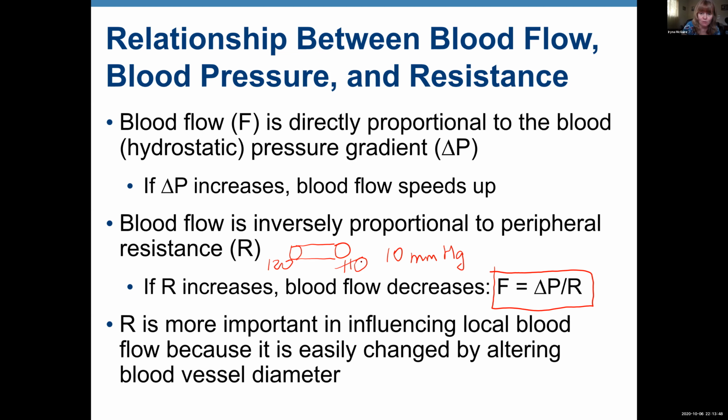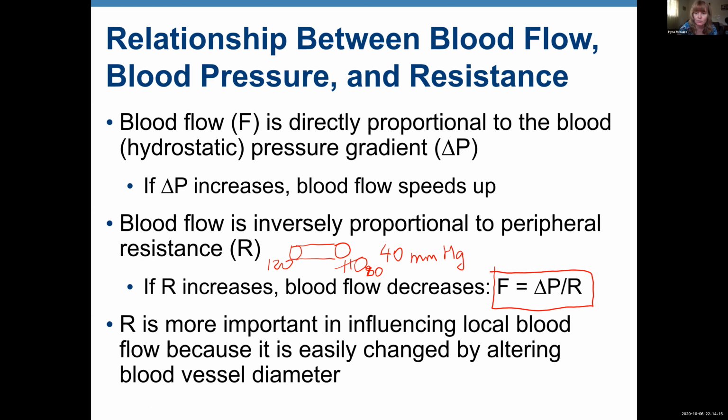But if I increase this gradient, for example, let's say I have 80 over here instead of 110, now my difference is 40 millimeters of mercury. That's my pressure gradient, so I'm increasing velocity.